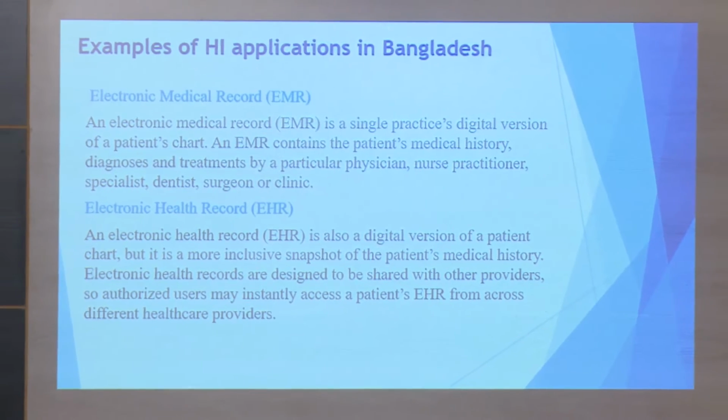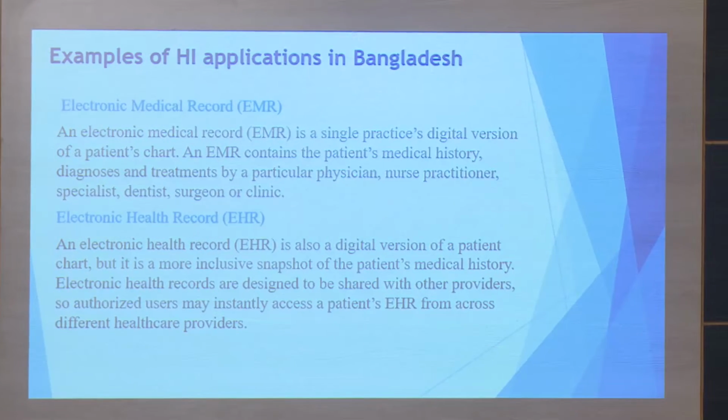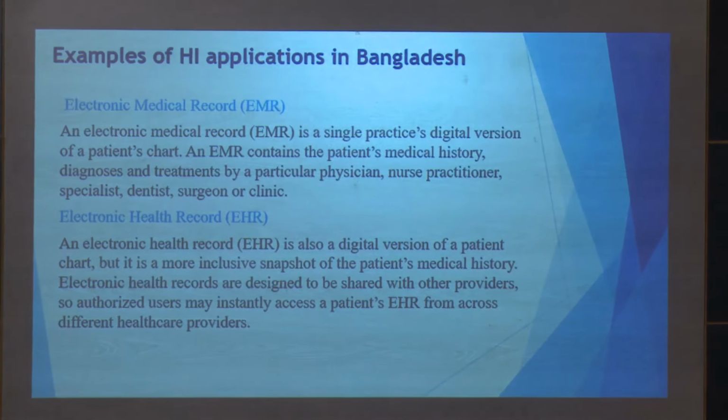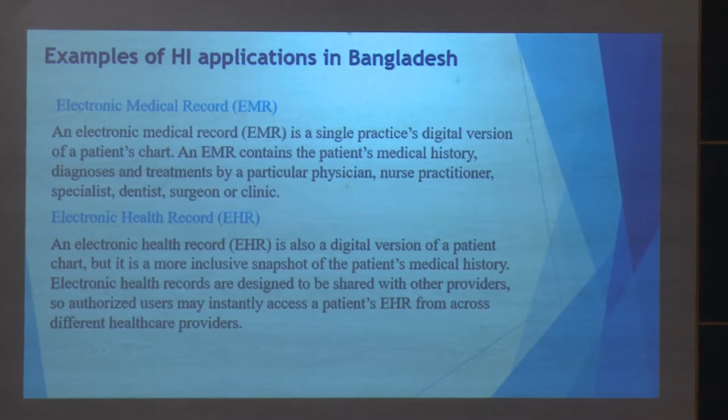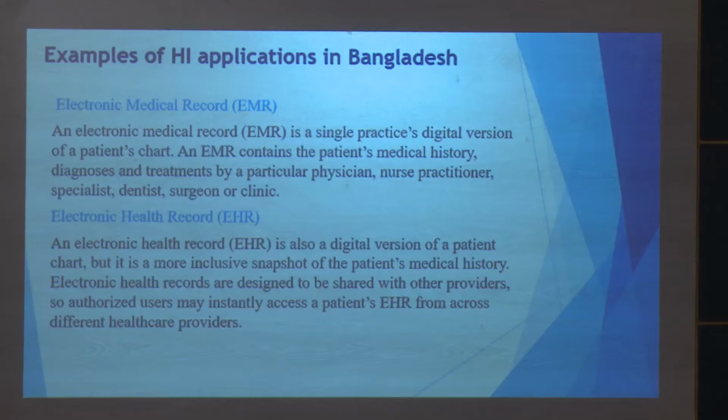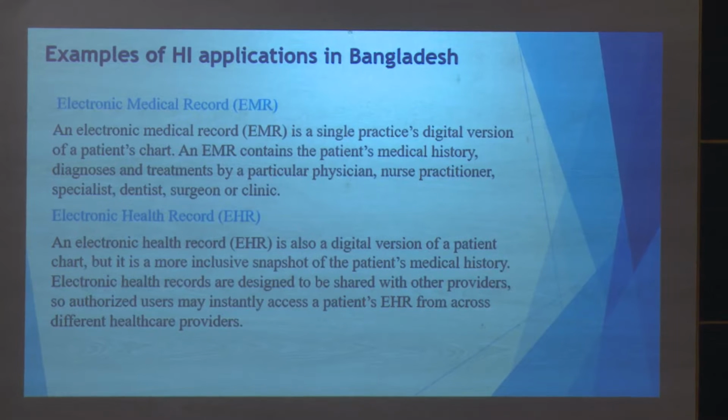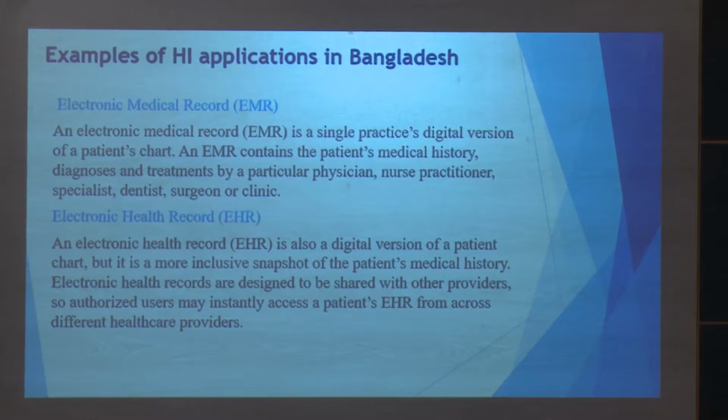So it's a single facility where your health record is available. An EMR contains the patient's medical history, diagnosis and treatments by a particular physician, nurse practitioner, specialist, dentist, surgeon, clinic. So there are many roles here. Anyone in healthcare who is treating a patient can use the EMR.